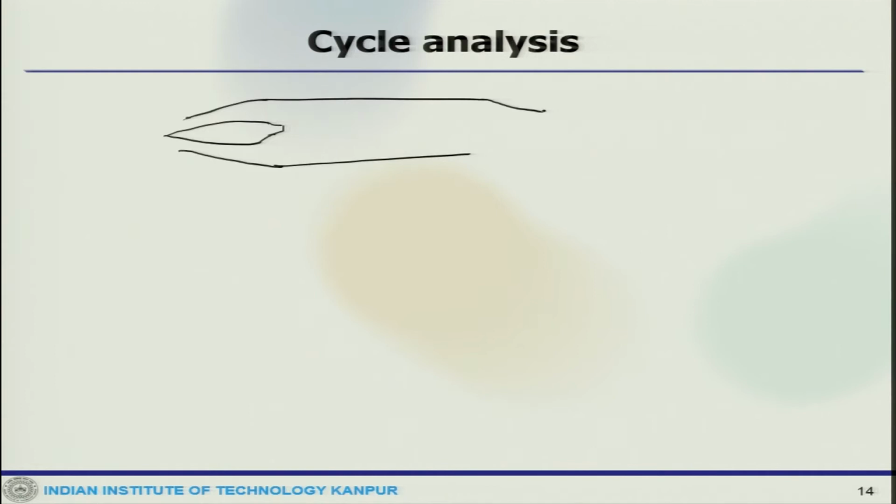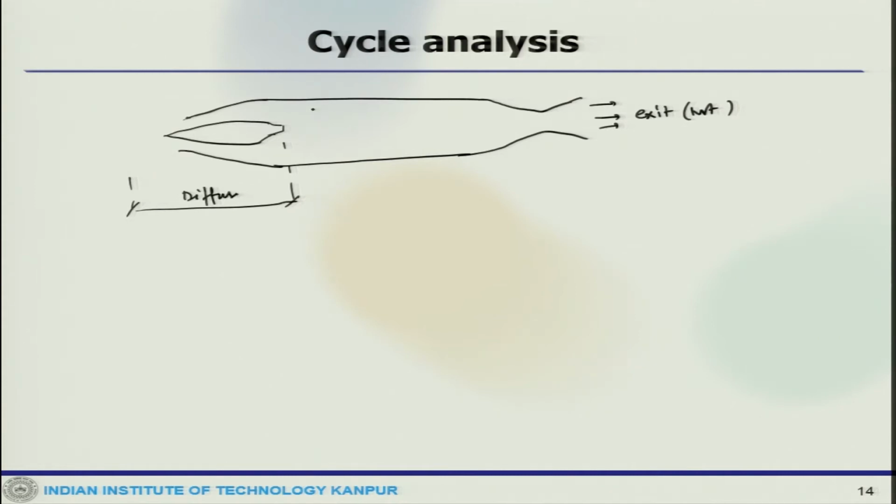Then there would be the nozzle. Here things at the exit are hot. Then we have this portion for the inlet, which is called the diffuser.